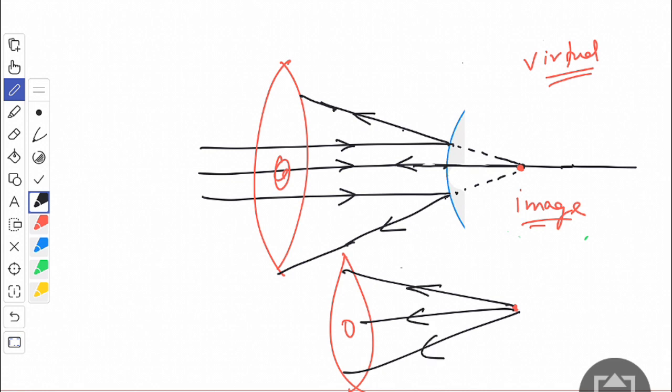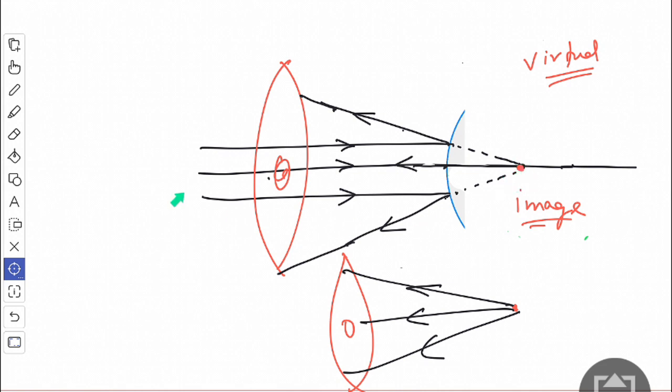I know these two eyes are different shape and size, but ignore that. I didn't have space, so assume they're the same eyes here, right? Now this eye, when it sees this ray of light coming, what will this eye say? It will say the object is here. What will this eye say? This eye will say exactly the same thing. So for this eye, the object is here, right?